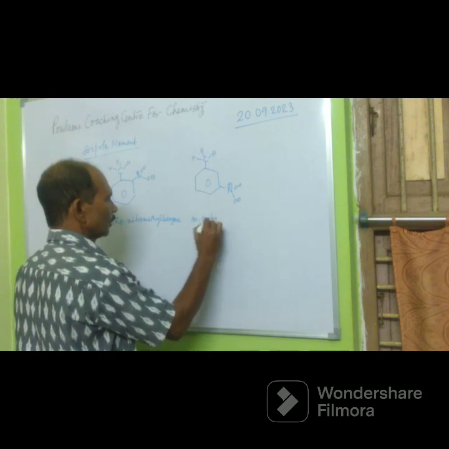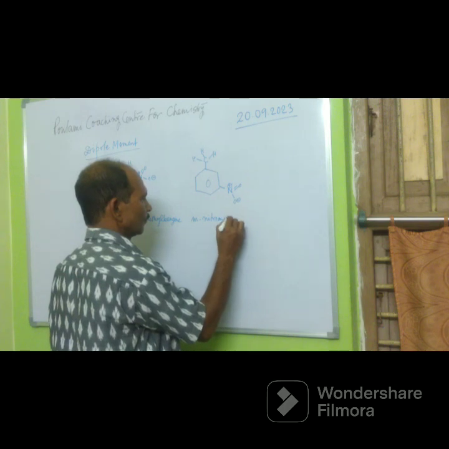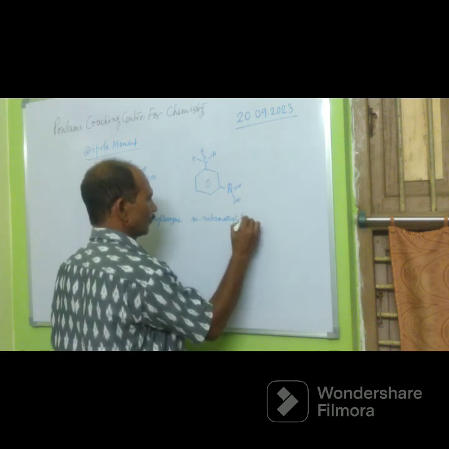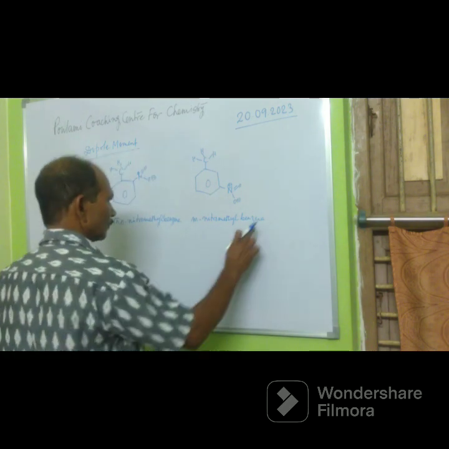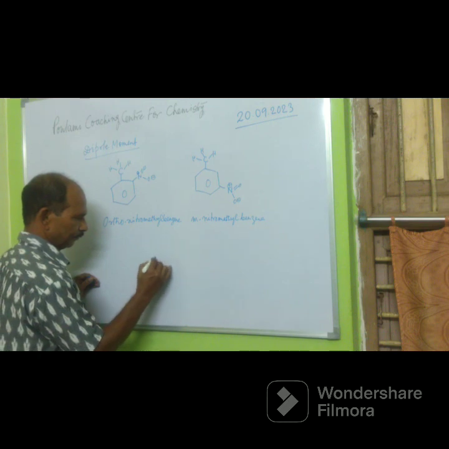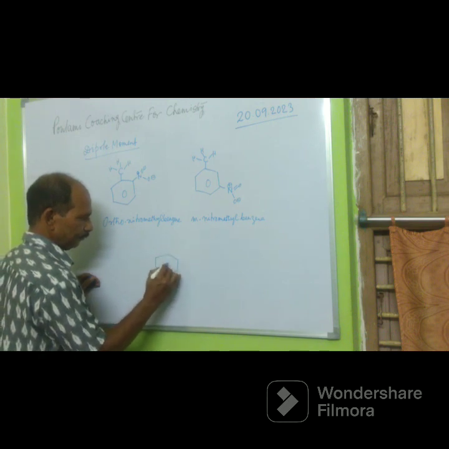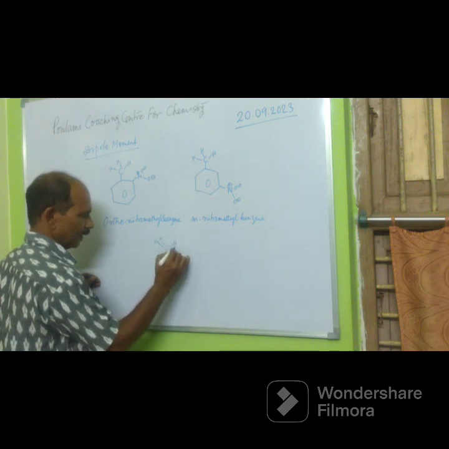Which is also written as only N. And this is para-nitro-methylbenzene.